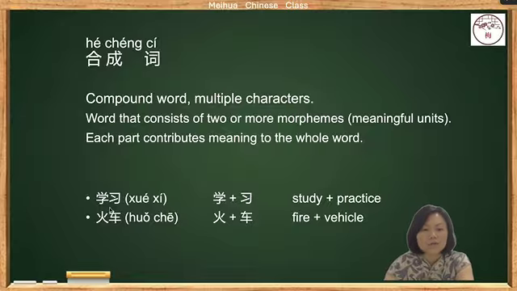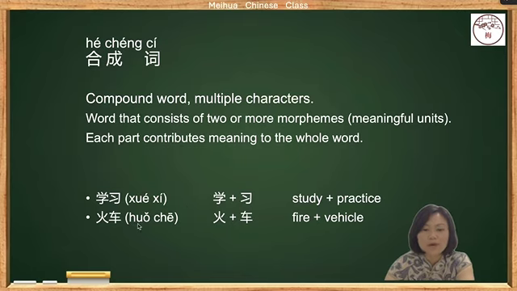For example, 学习. 学 and 习, they are both characters, right? And they both have their own meaning. 学 means study. 习 means practice. So when 学 plus 习, study and practice together, this word also means study or practice.